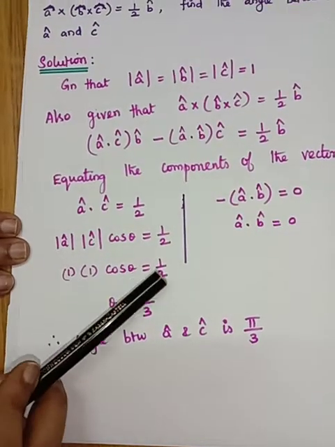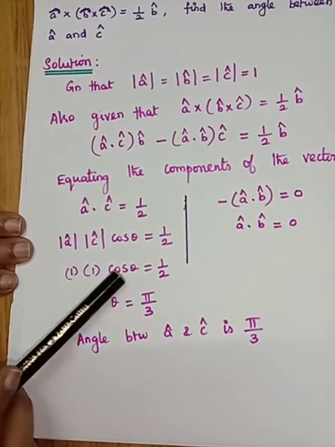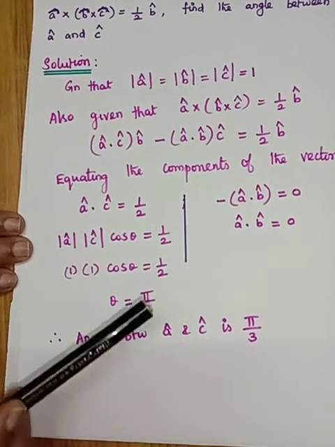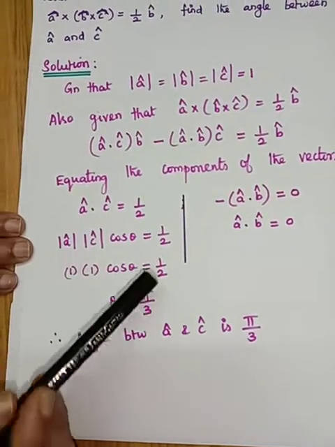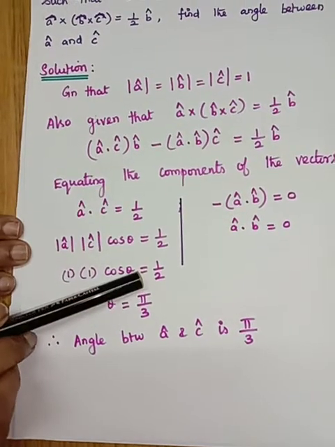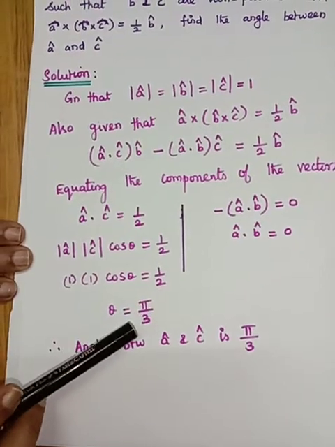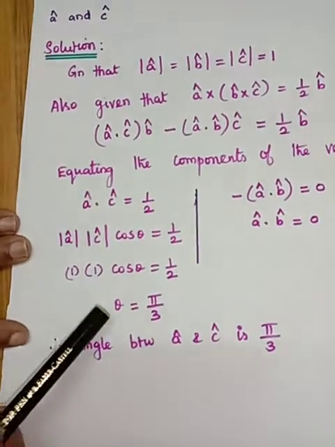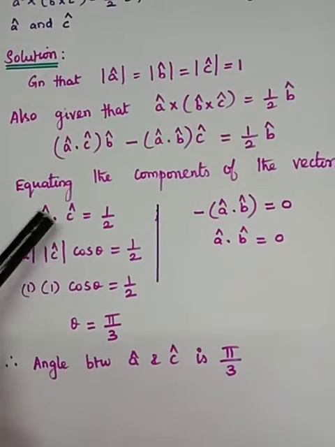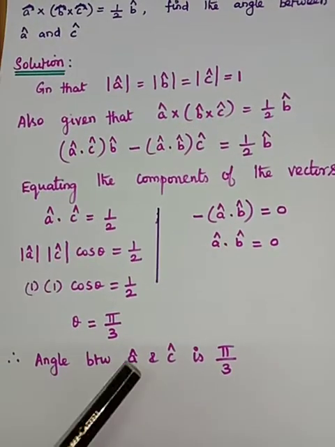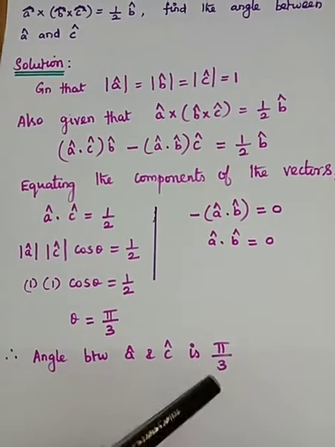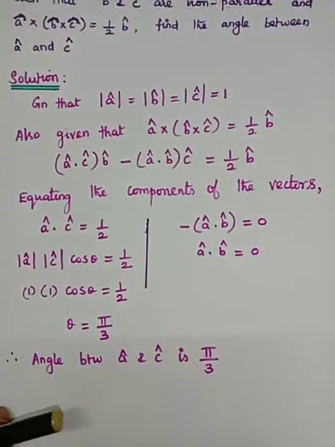So cos theta is equal to 1 by 2. So now you are getting cos theta is equal to 1 by 2. So half can be written as cos of 60 degree only. So theta is equal to pi by 3. Okay, so theta is what? Angle between A cap and C cap. So angle between A cap and C cap is pi by 3, that is 60 degree.